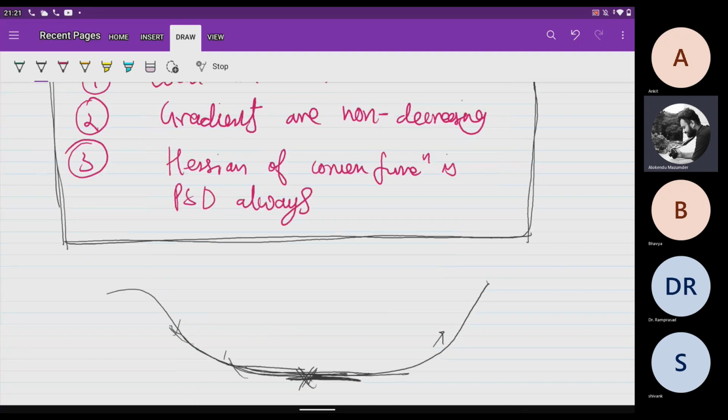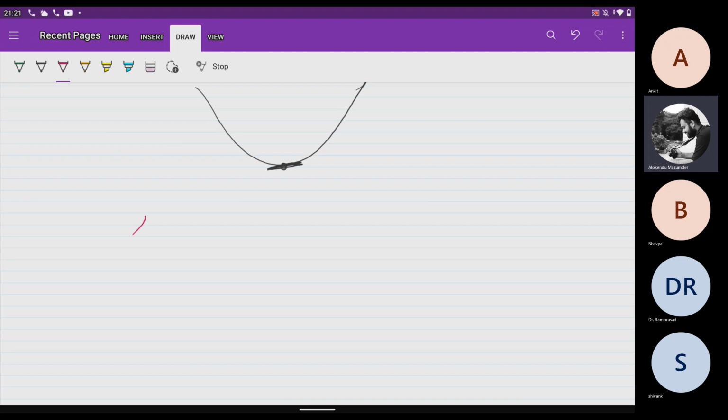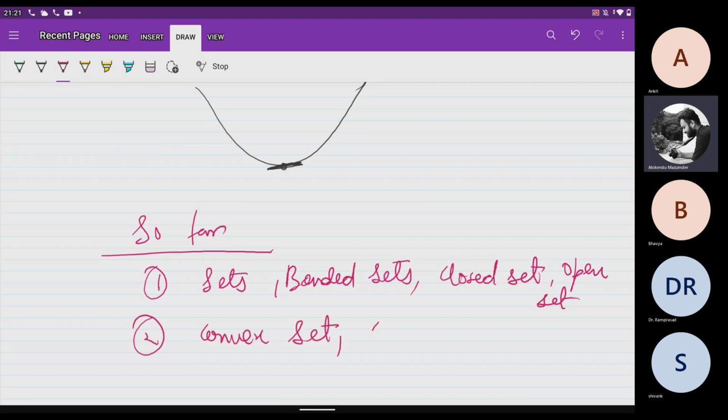Okay, I think we are done with the calculus part, whatever prerequisite we had. So what we discussed so far: we learned about sets, bounded sets, closed sets, open sets, convex sets, and convex functions.